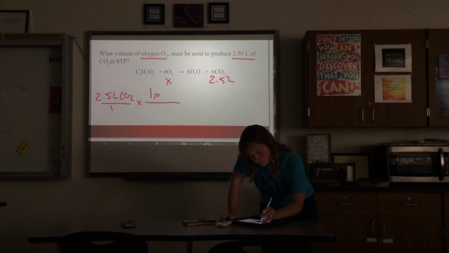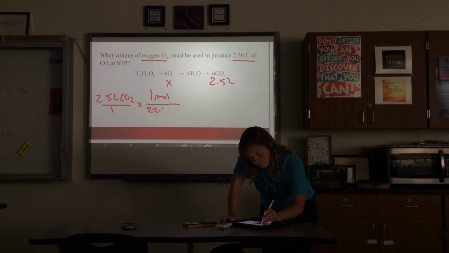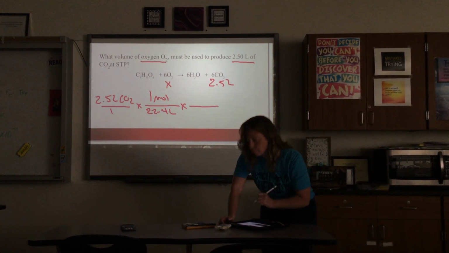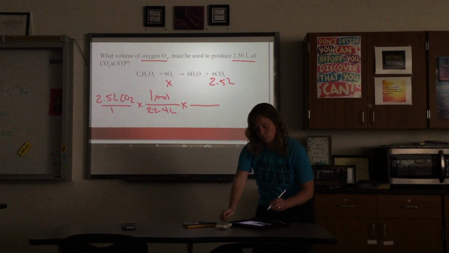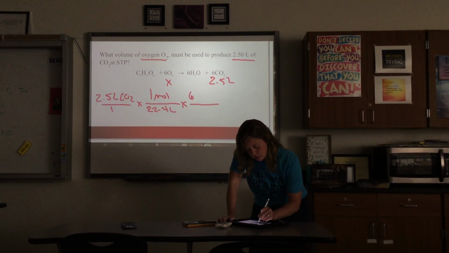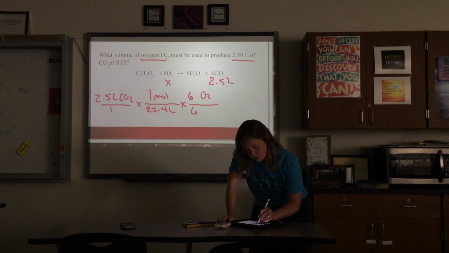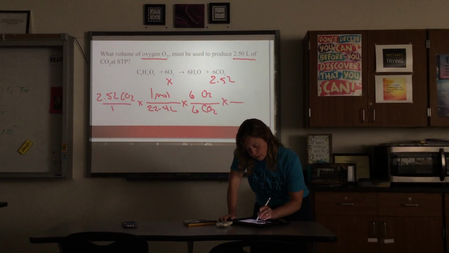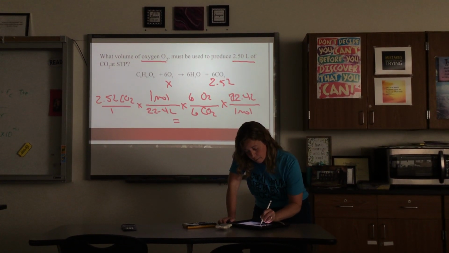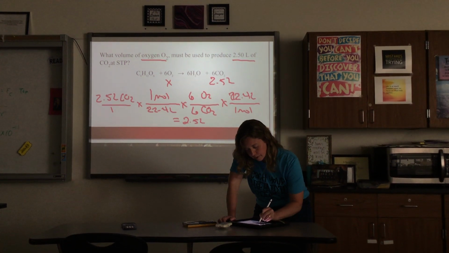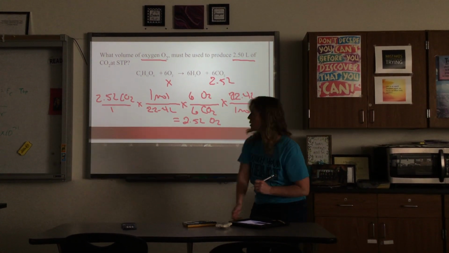Okay, we have 1 mole here, 22.4, because we're dealing with molar volume. You have your mole ratio, don't overdo, what I don't know over what I do know. So 6 moles of O2 for 6 moles of CO2. And then the last block is going to be 22.4 liters over 1 mole. And it's going to end up equaling 2.5 liters of oxygen gas.